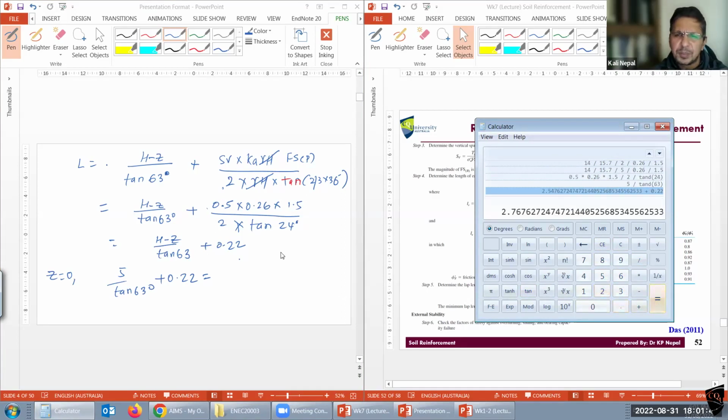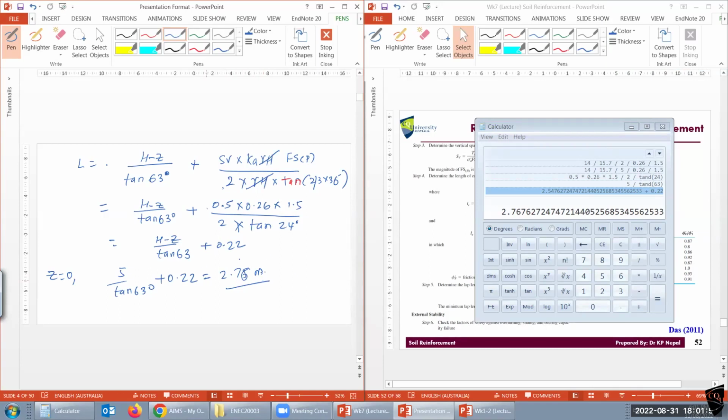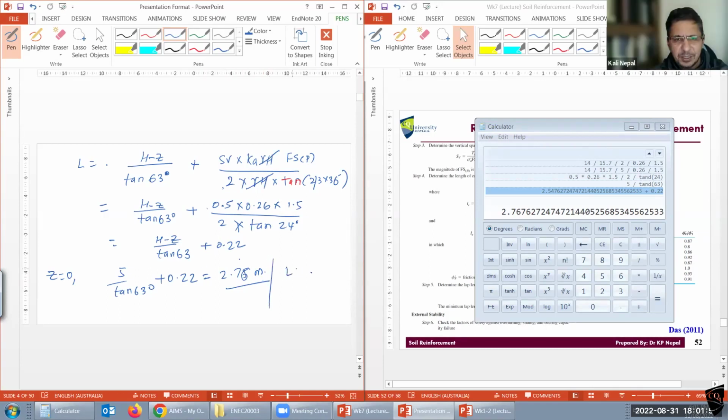That's the maximum, 2.75 meter. But we don't need it at the top, right? That's the maximum we have. So maybe that's too much. Just use 2.5 then. Length equals 2.5 meter, because that's the maximum at the top.